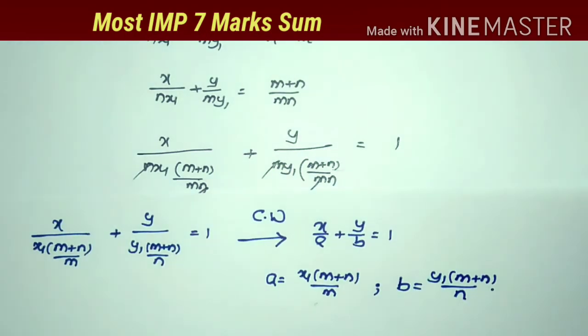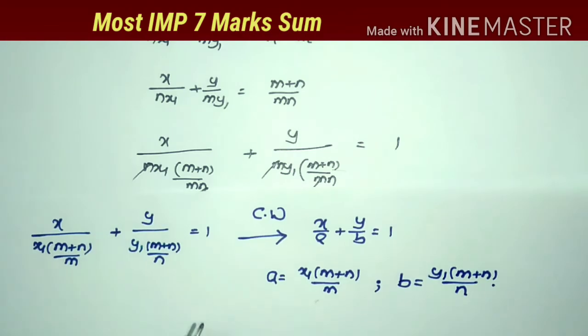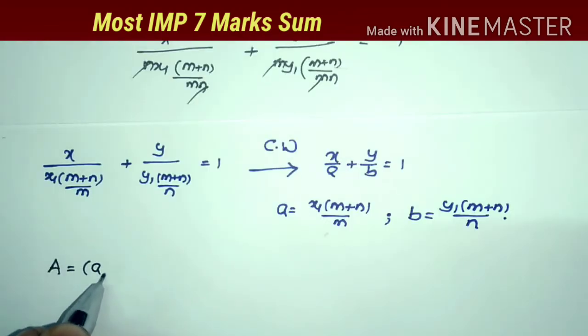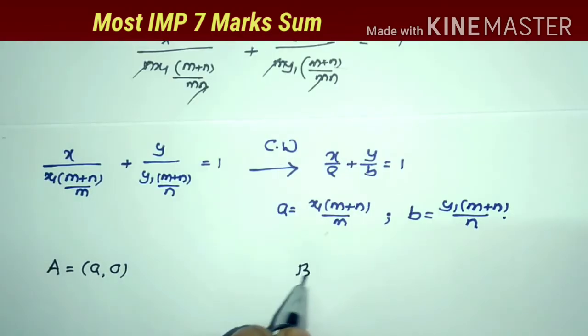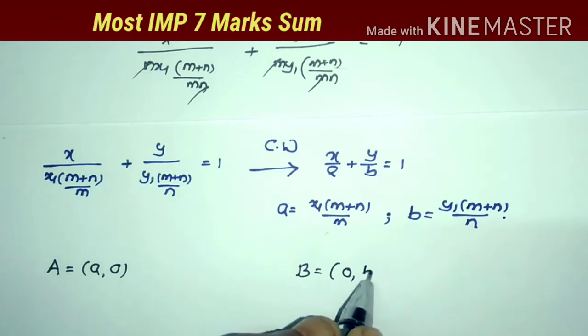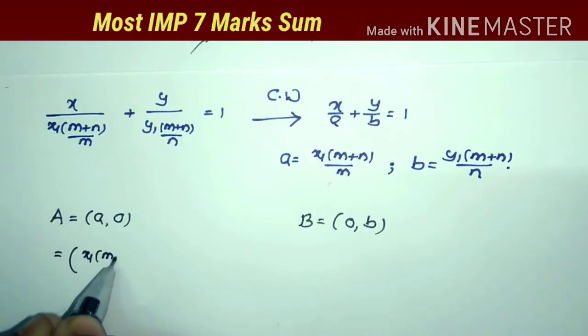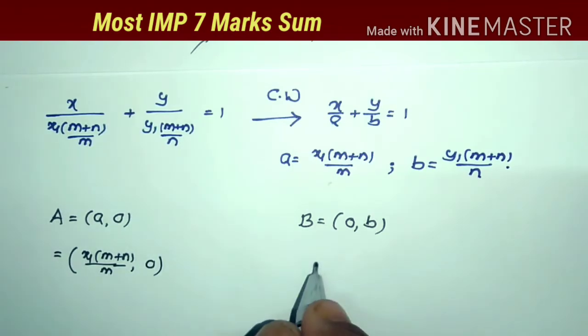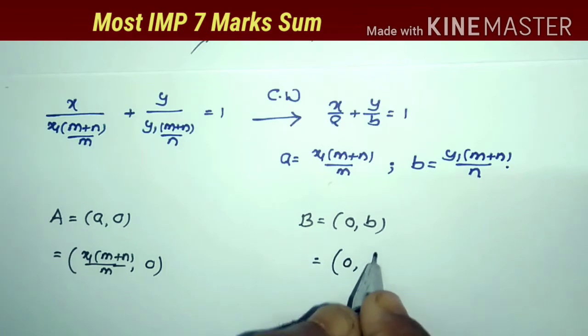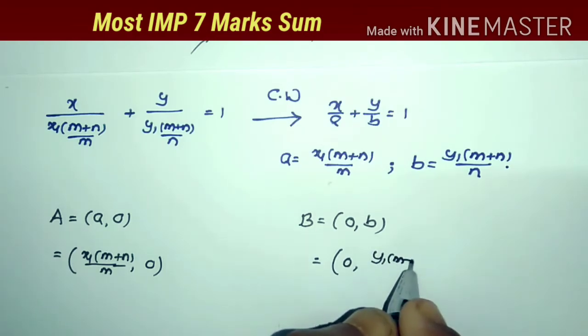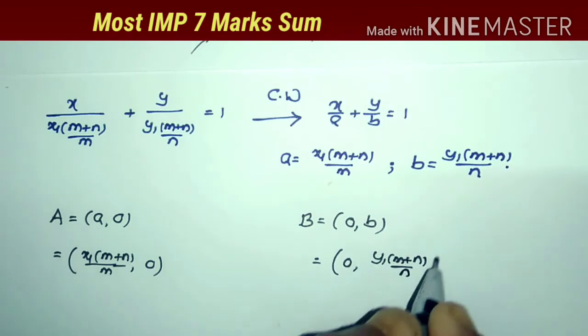Now, what are the points A, B? A is the point a, 0 and B is the point 0, b. Substituting the values, A is x1 into m plus n by m, 0 and B is 0, y1 into m plus n by n.